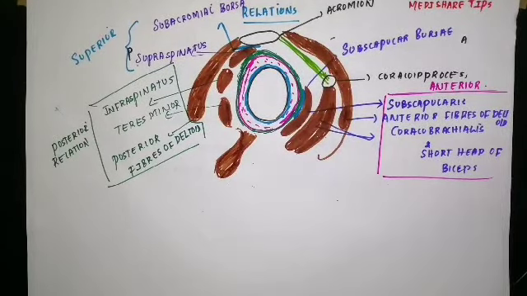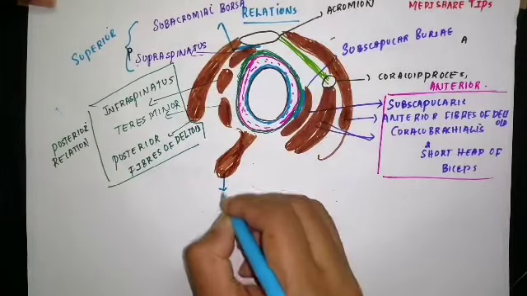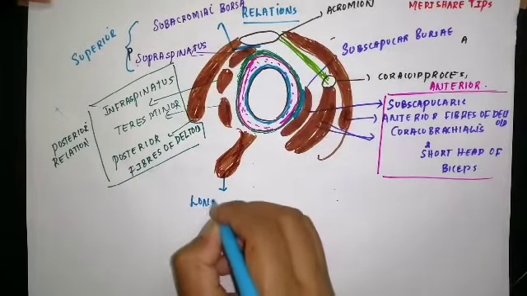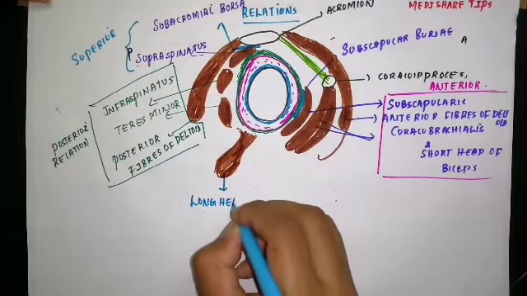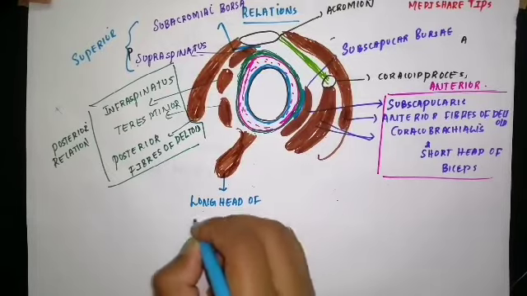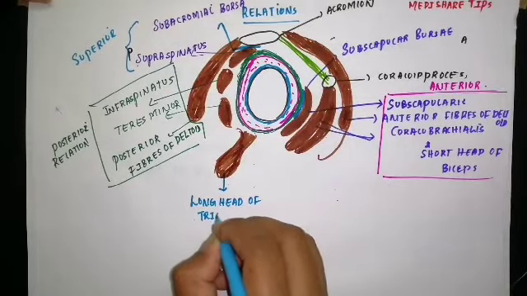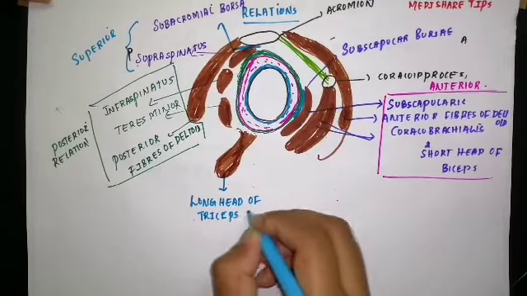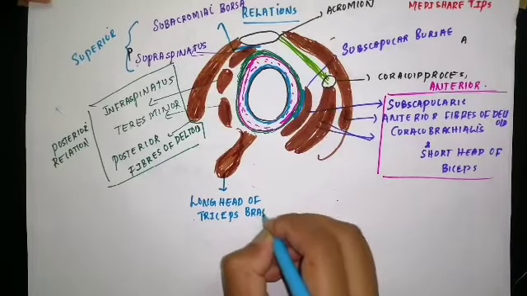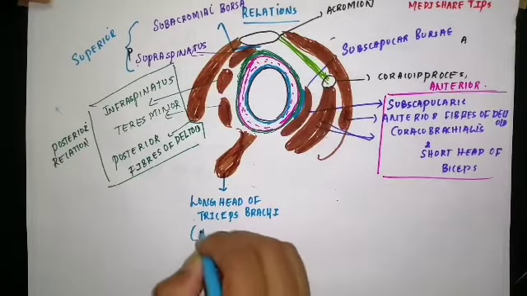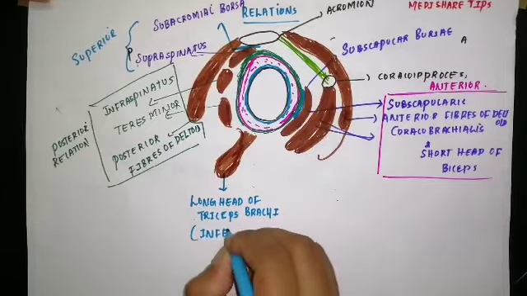Long head of triceps brachii, which forms the inferior relation.